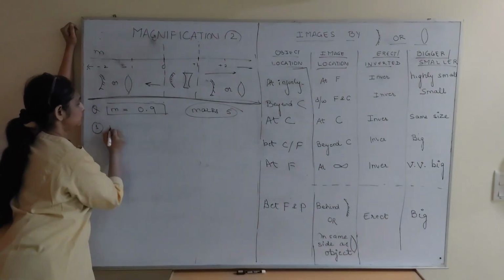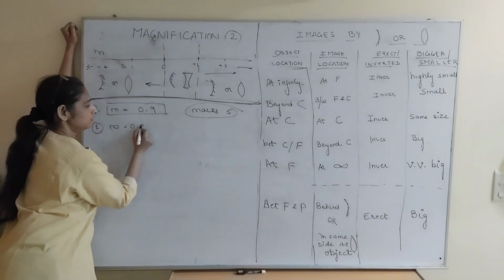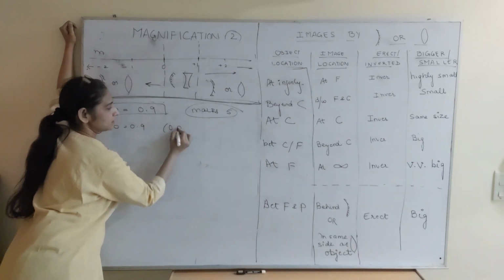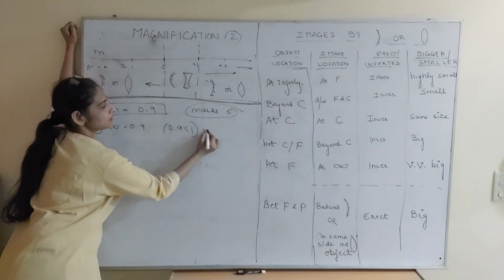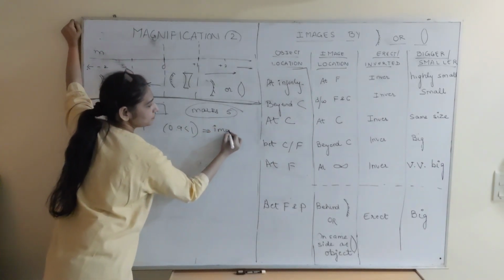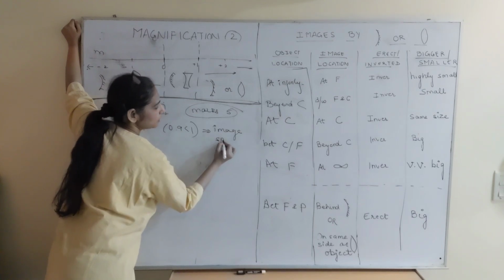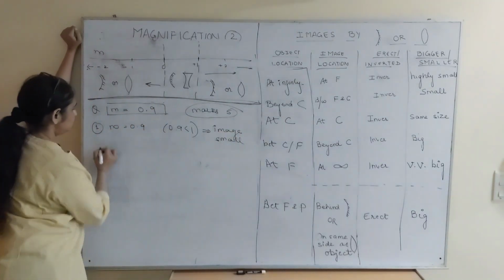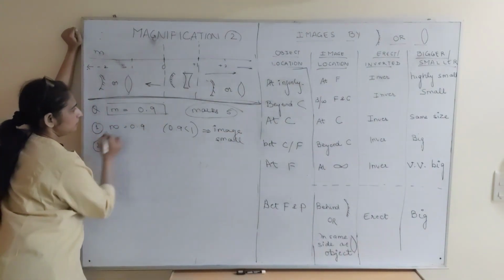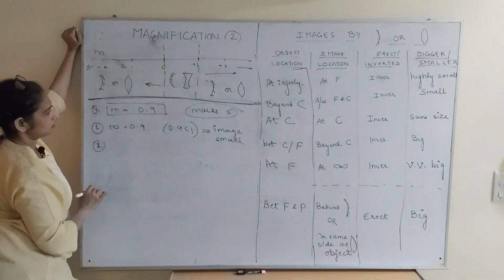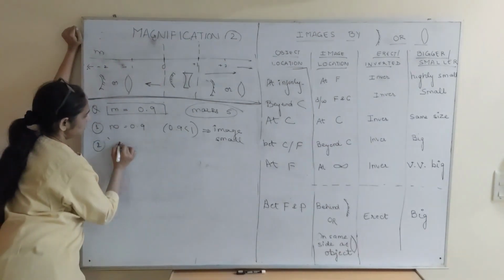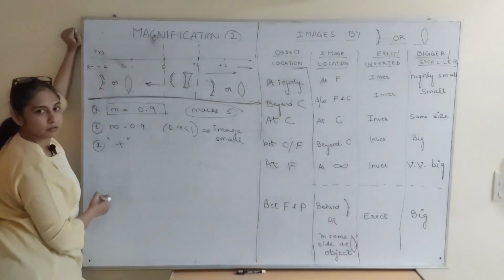We know that the number is 0.9. 0.9 is less than 1. How will the image be? Small. The image will be small. Good, quick. Then we know there's no sign here, which means the sign is positive, right?